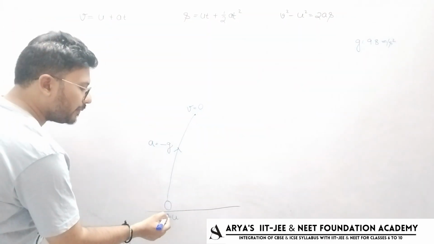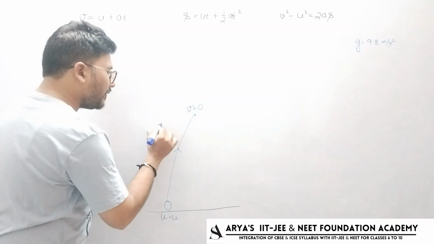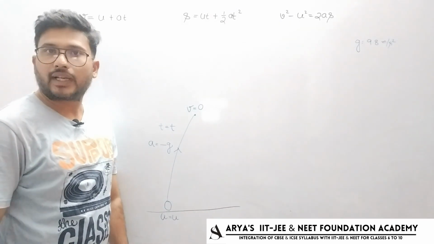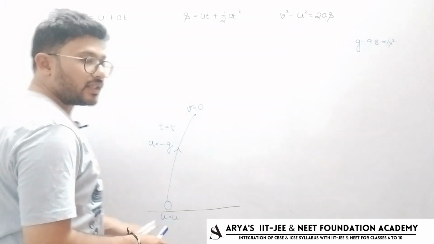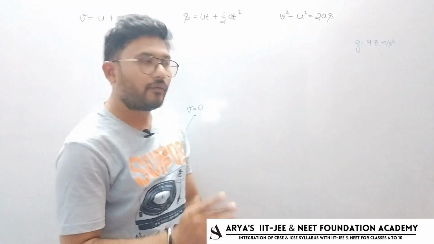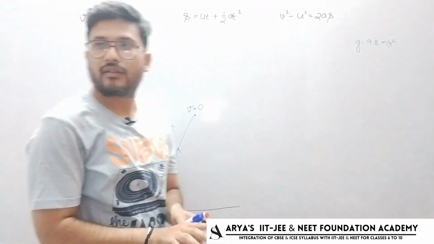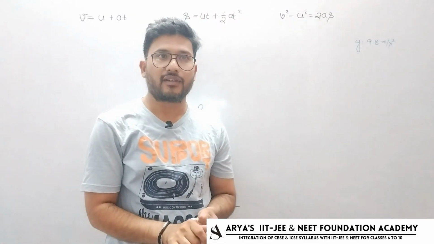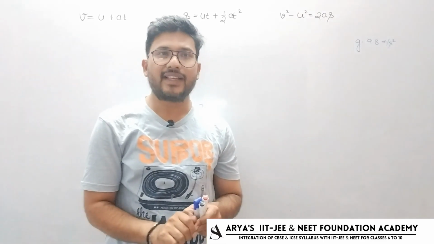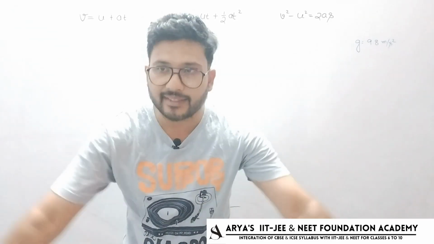Then from this point to this point, it will take some time, so there will be a t value. Now, if it is like this, we call it distance. If it is like this, displacement. When I am lying down like this, you can take length.